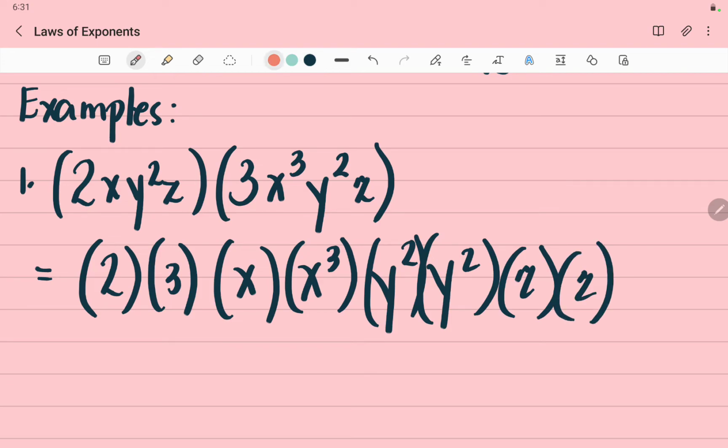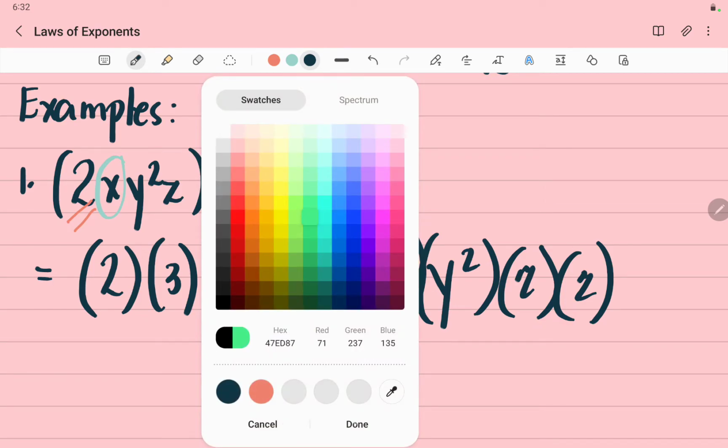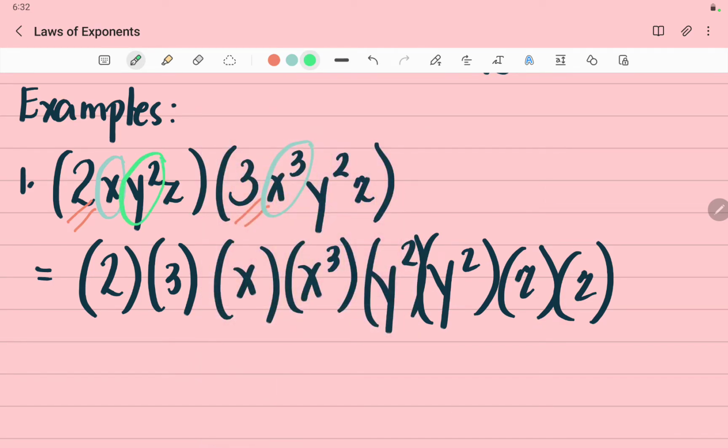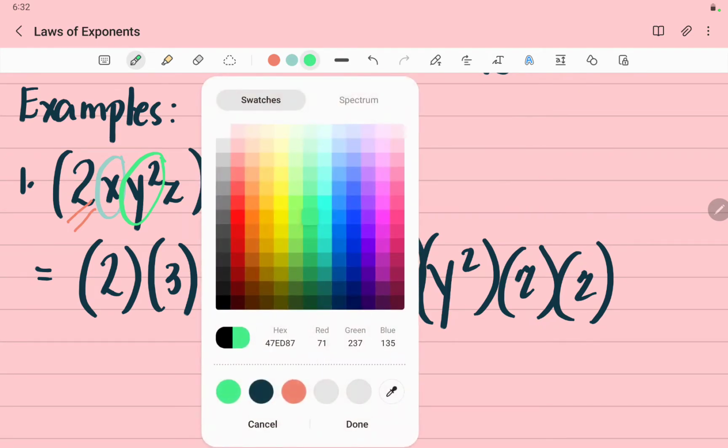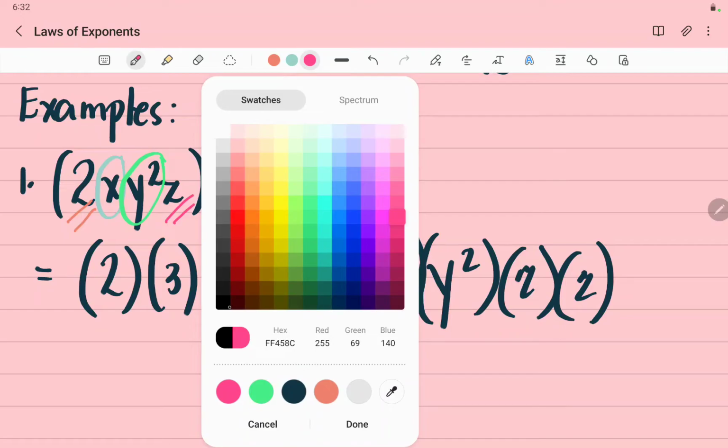Okay, so if you can notice, we will multiply same terms: x to x cubed, y squared to y squared, and z to z. Is that clear? Okay, very good. Now let's go back to black.